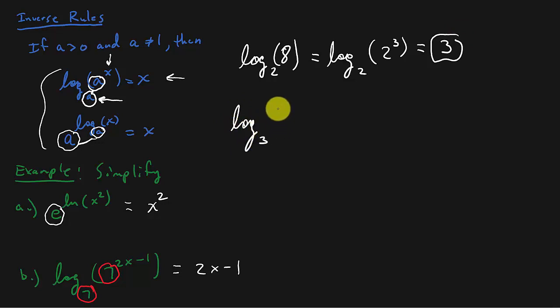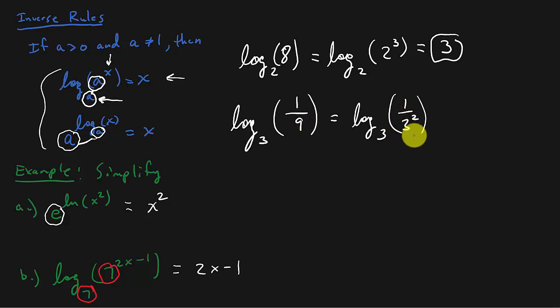Let's do log base 3 of, say, 1 over 9. I've got a base 3 on my log, so I want to see if I can rewrite 1/9 as 3 raised to a power. So this is going to be log base 3 of 1 over 3 squared. I just rewrote the 9 as 3 squared.